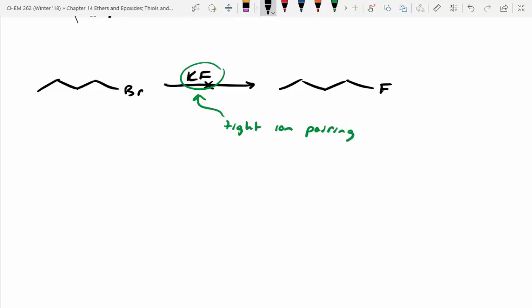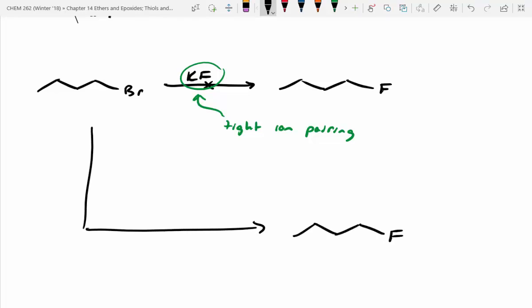All right, so as a chemist, what do you think a solution could be if you just absolutely need to get this fluorinated product? Yeah, you could still use potassium fluoride, but what could you use to maybe break up that ion pairing? 18 crown 6.